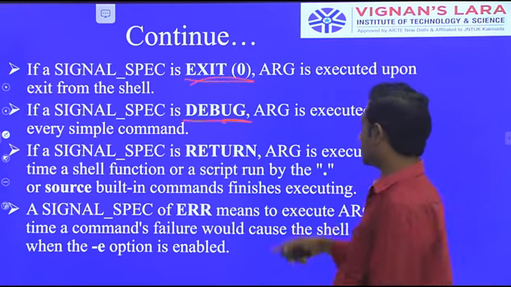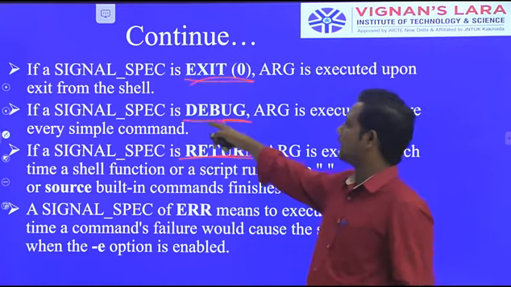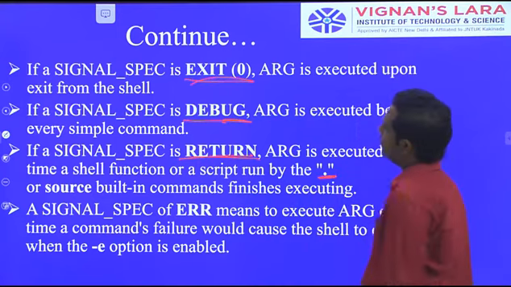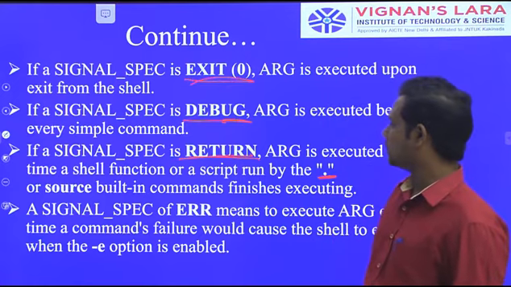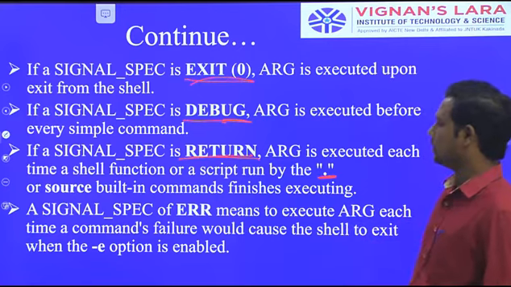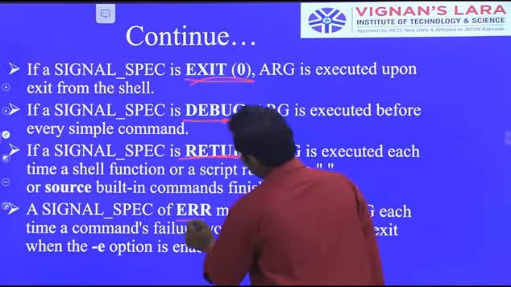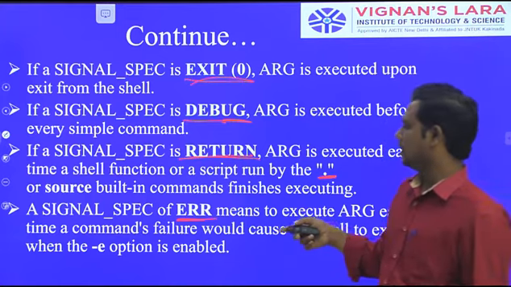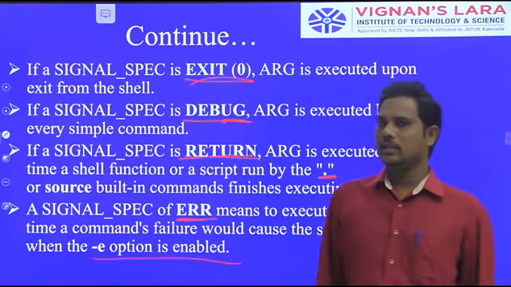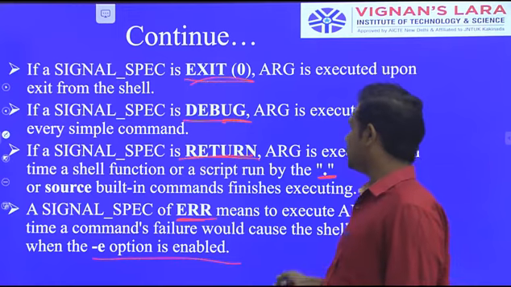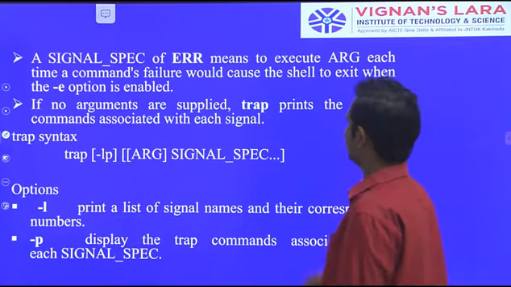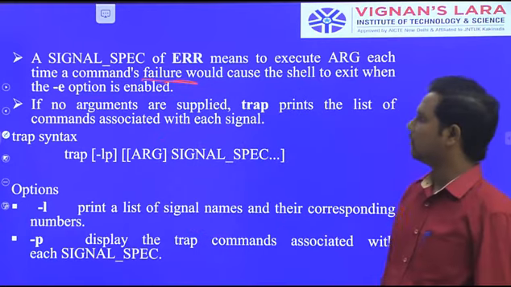If a signal specifies RETURN, arg is executed each time a shell function or a script run by the dot symbol or the source built-in command finishes executing. If a signal specifies ERR, arg is executed each time a command's failure would cause the shell to exit when option e is enabled. Option e means error.